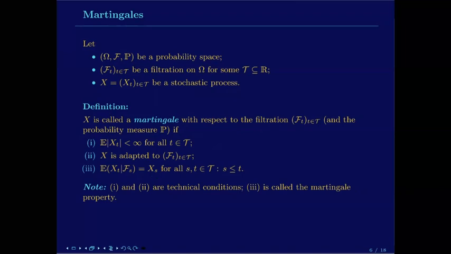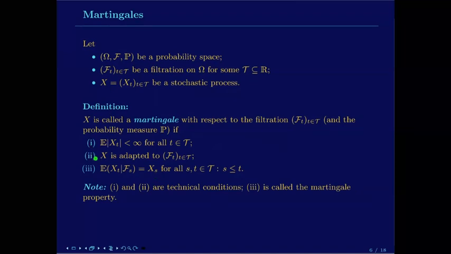And that holds for all s, t such that s is smaller or equal t, so s is the earlier point. So that means the expectation of the process at a later point in time given the information up to time s equals the value of the process at time s.